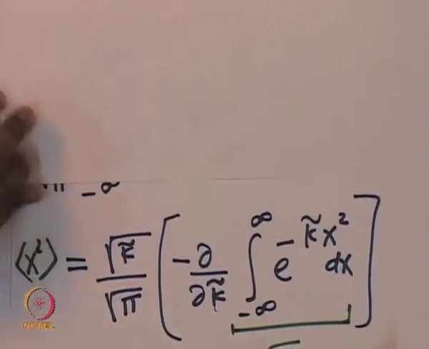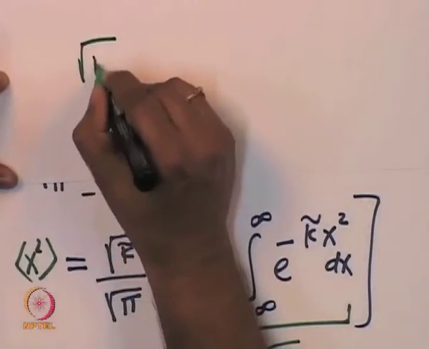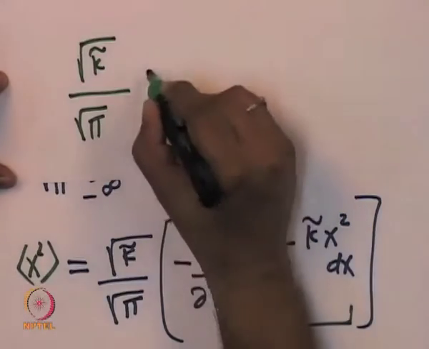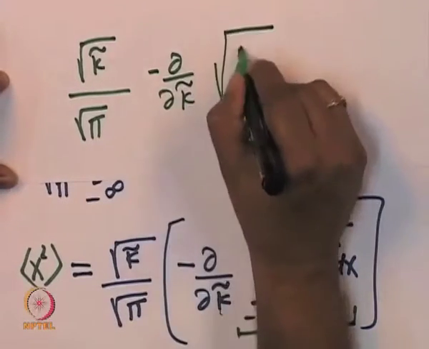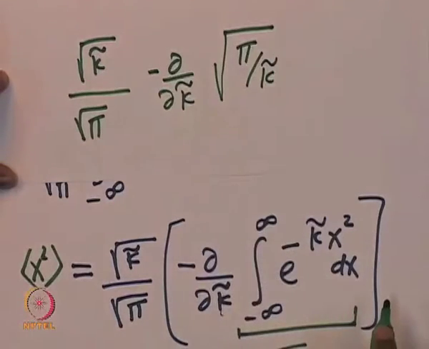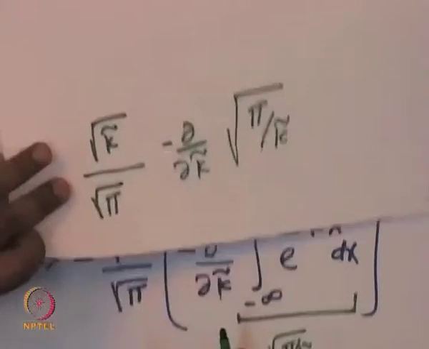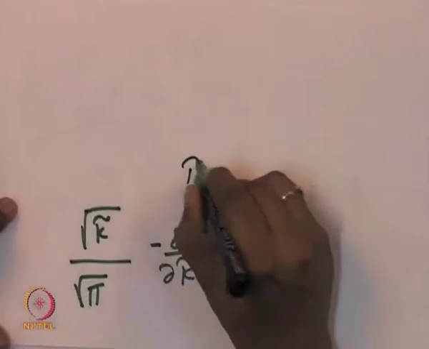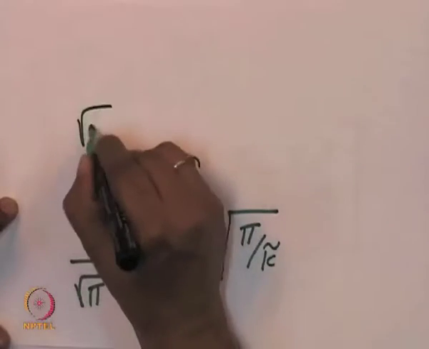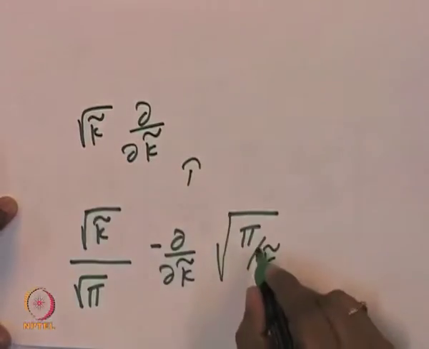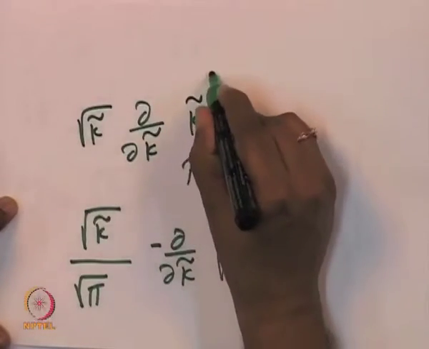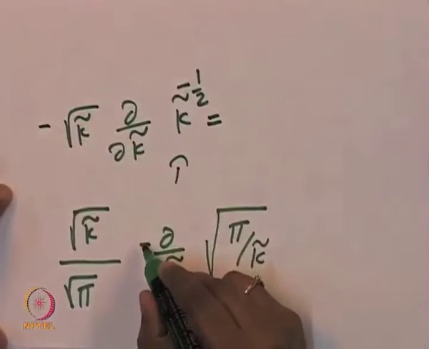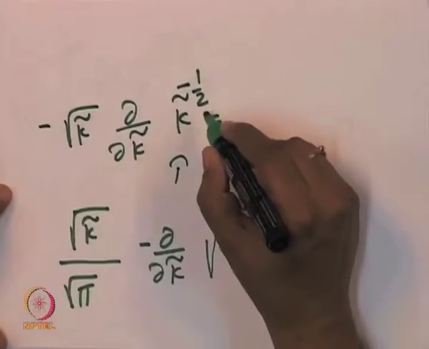You have here √k̃/√π, and this is √(−∂/∂k̃) of √(π/k̃). √π and √π cancel, and what you have is √k̃ times ∂/∂k̃ of 1/√k̃, which is k̃^(−1/2), and there is a minus sign here from before. So, this is minus half times this.